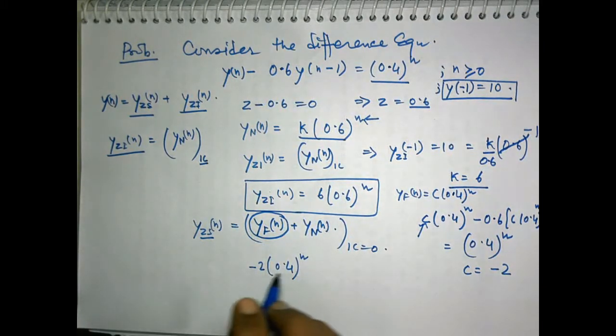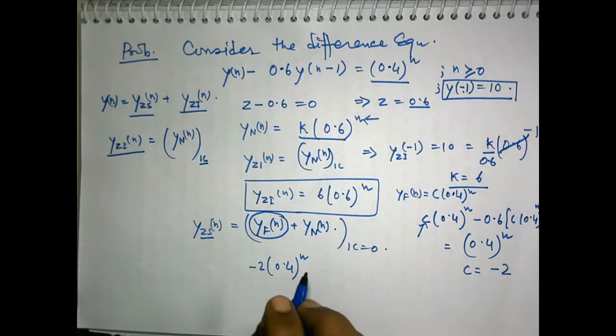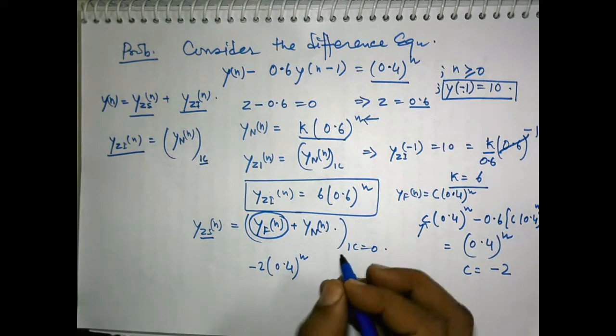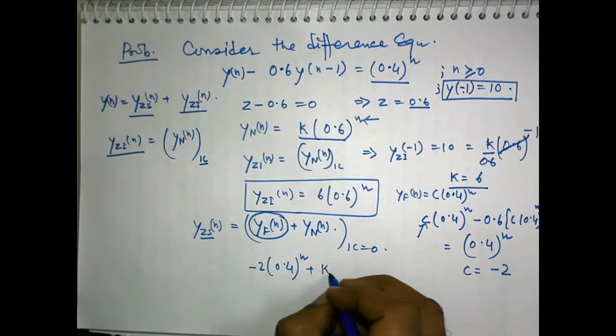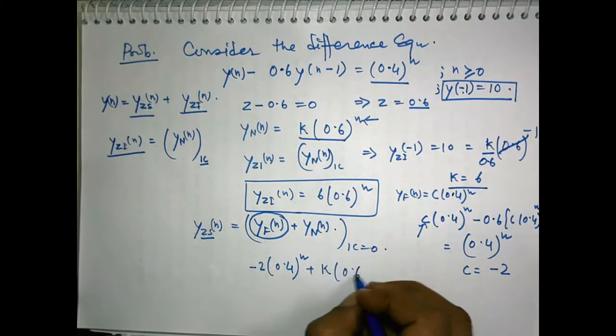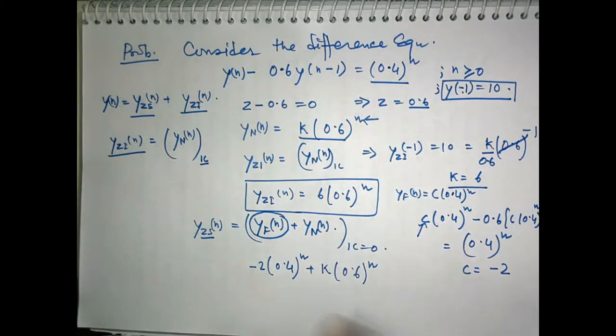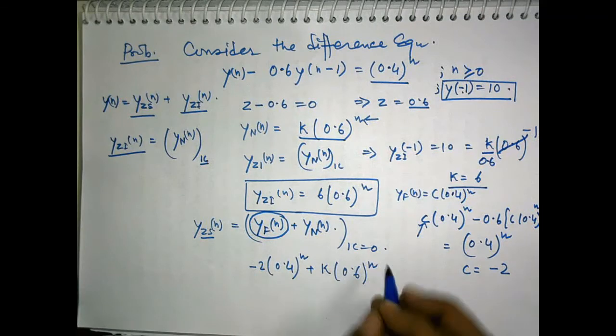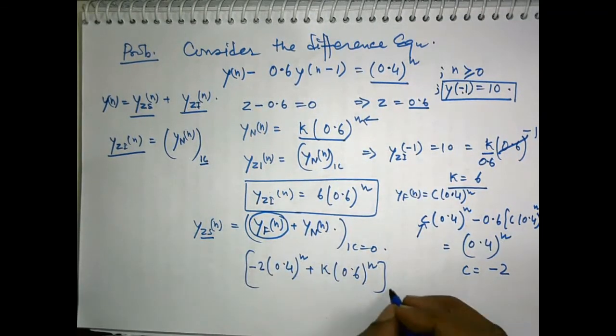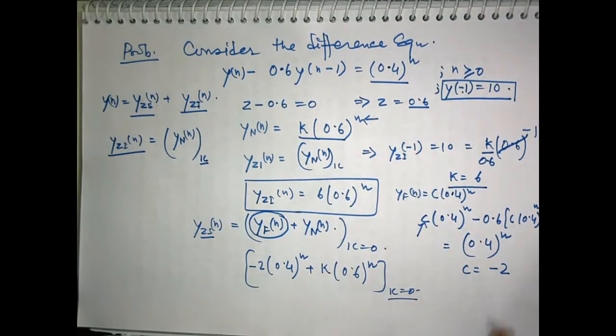Okay. And what is y n(n)? The general form is k (0.6)^n. Okay. And now we will put the initial condition to be equal to 0, means y(-1) equals 0.